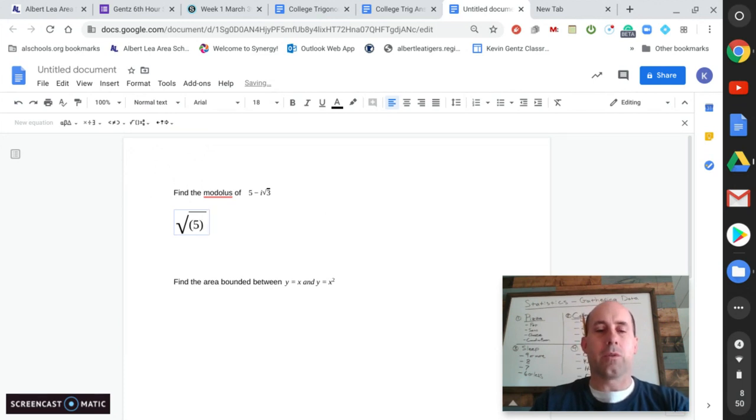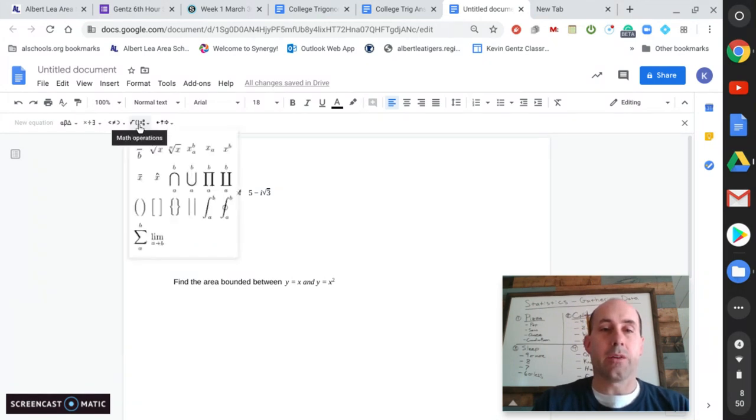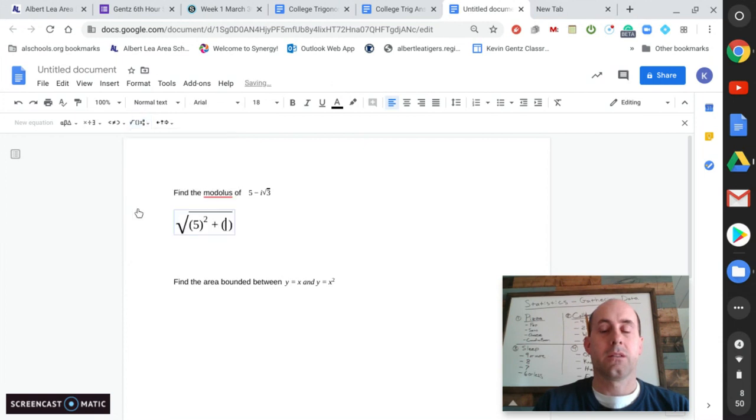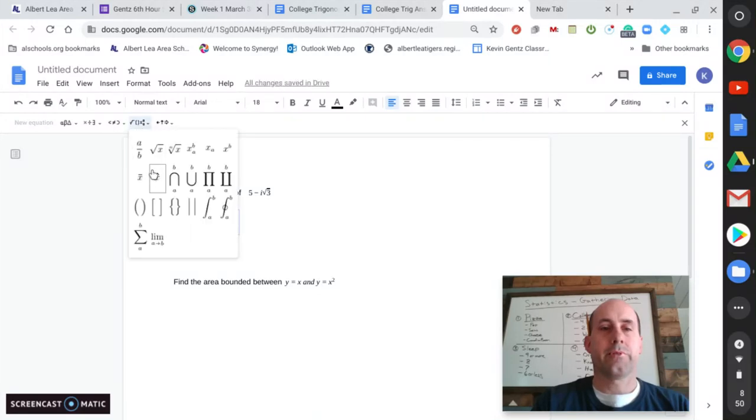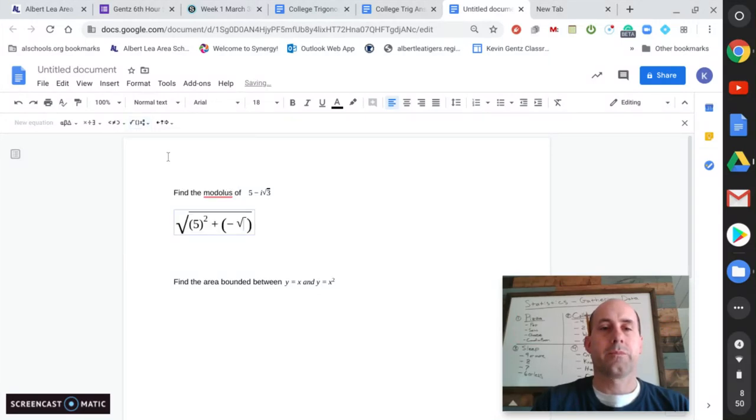And as I move over and up, then it squares. And that's going to be plus. We don't use the i, so we have negative root of 3. So again, I'm going to do another parenthesis, and I do negative root of 3. As you move to the outside here, you square it.